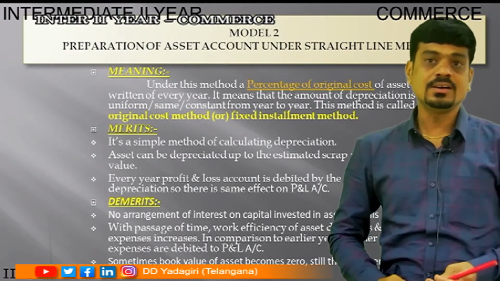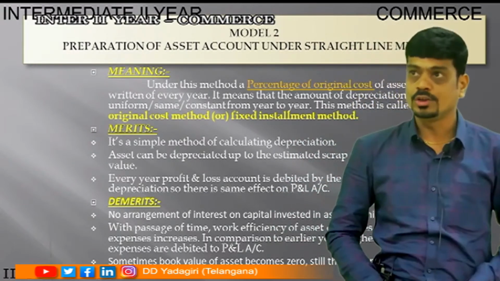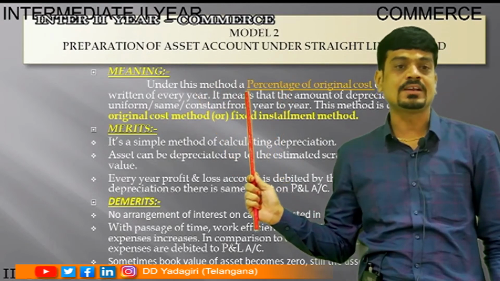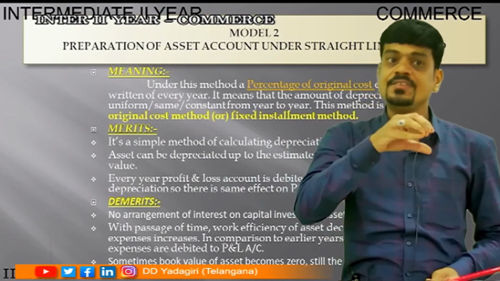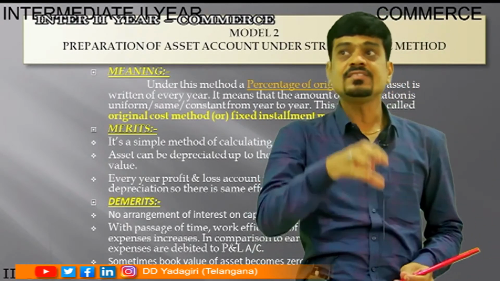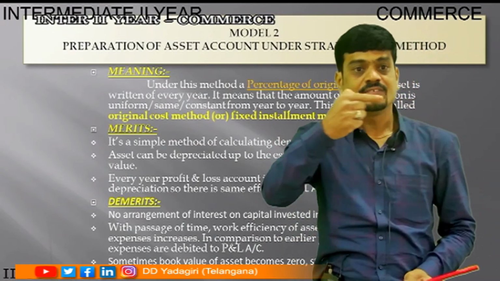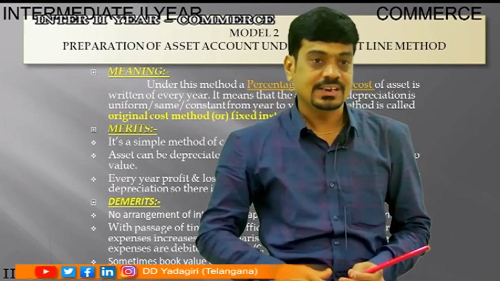Straight line method is recognized by different names, like original cost method, fixed installment method, sum of equal installments method. The name itself says straight line method, meaning straight, not up and down, one which goes in a proper straight line.